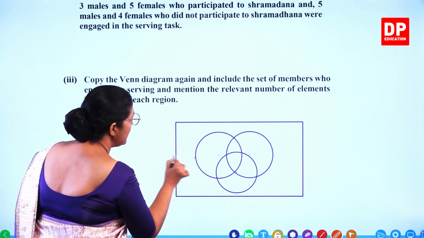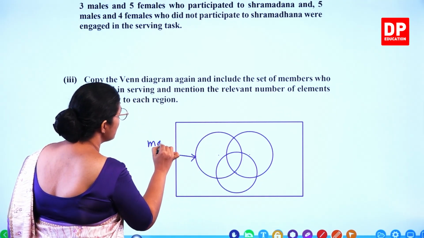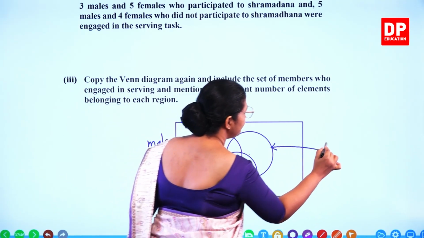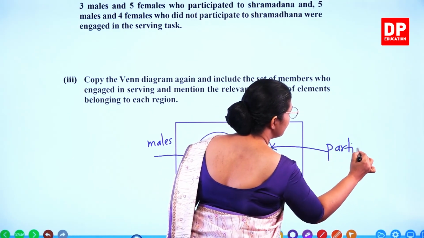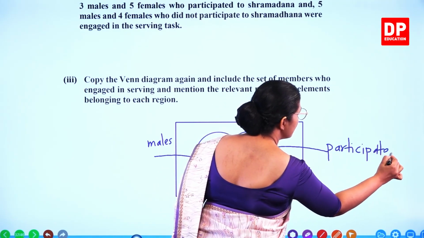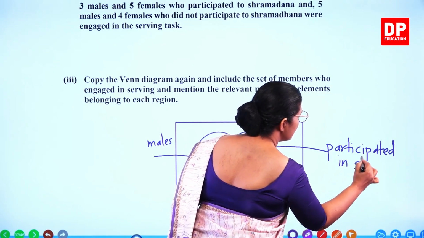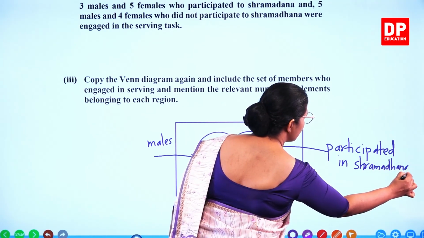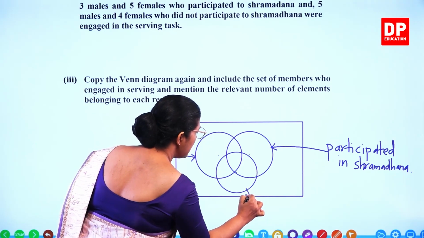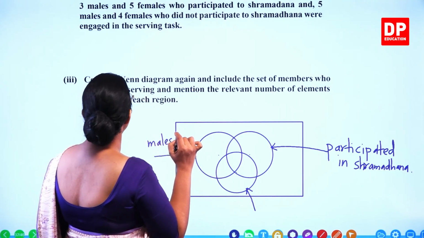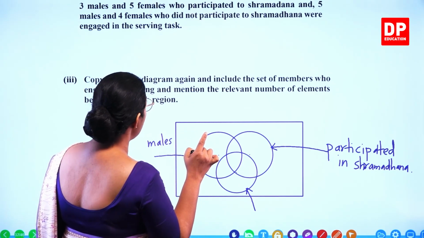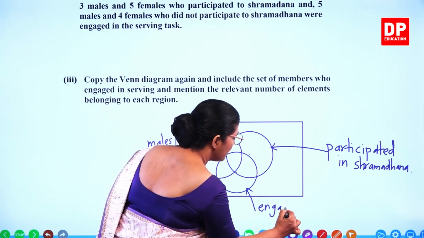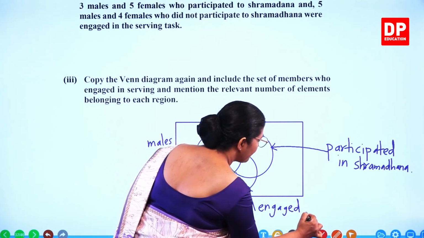So this is males. And this is who participated in Shramadana. And this new circle is serving. It says members who engaged in serving.